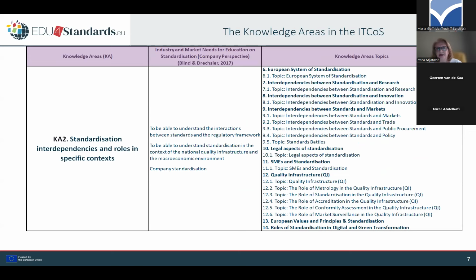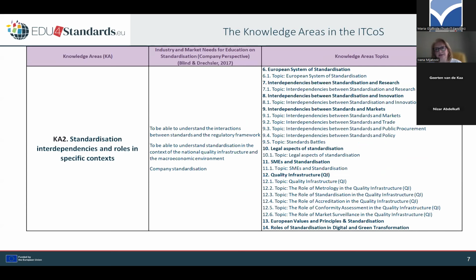On the other side, knowledge area 2, standardization interdependencies and roles in specific context, is related to different aspects of standardization in the context.